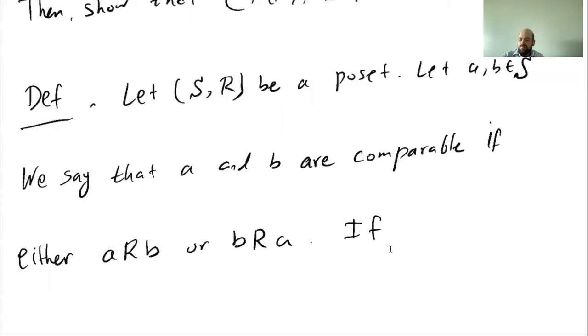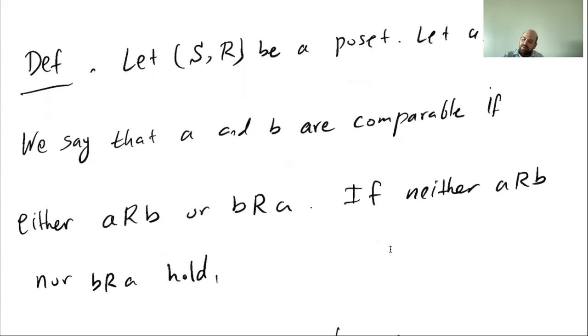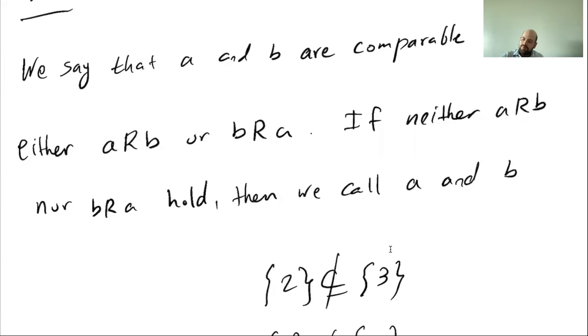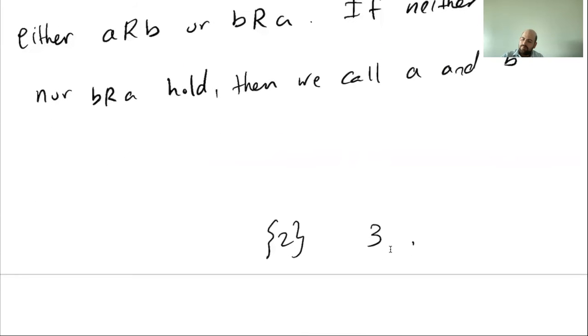If neither A is in relation with B nor B is in relation with A holds, then we call A and B incomparable.